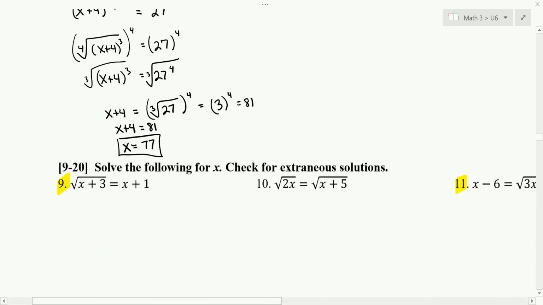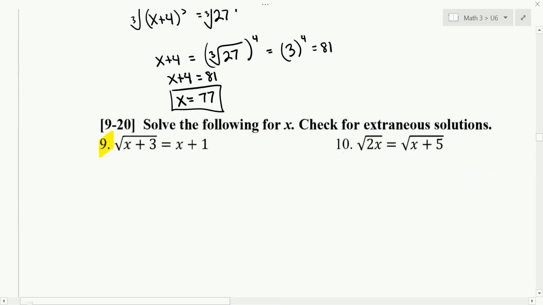Next, number 9, we're asked to solve the following for x and then to check for extraneous solutions. So here we have our square root already by itself, so to get rid of that square root we're going to square both sides. And so x plus 3 is equal to x plus 1 times x plus 1.